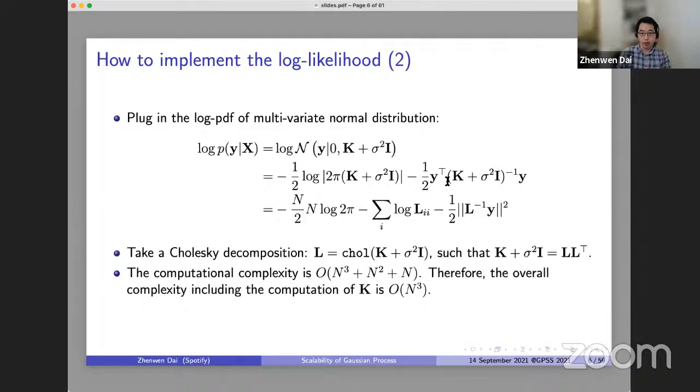Numerically, if we try to implement these equations in code, the third term is what actually matters. You will notice that in K plus sigma square I, we have an inversion.